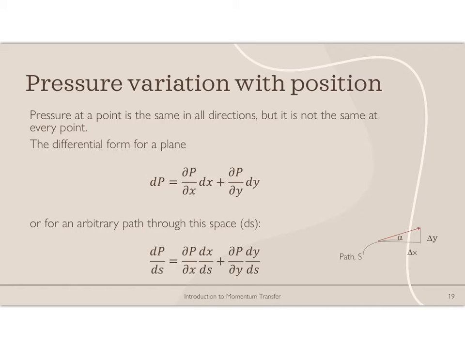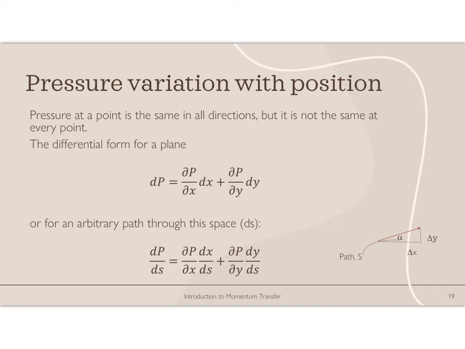So if you look at this curve here, ds, then dP/ds with respect to that curve is ∂P/∂x dx/ds plus ∂P/∂y dy/ds. So this is turning this differential form into a derivative with respect to this arbitrary curve or path s.